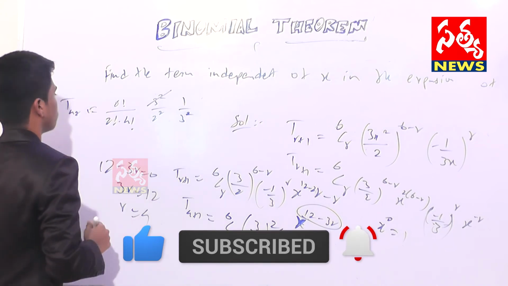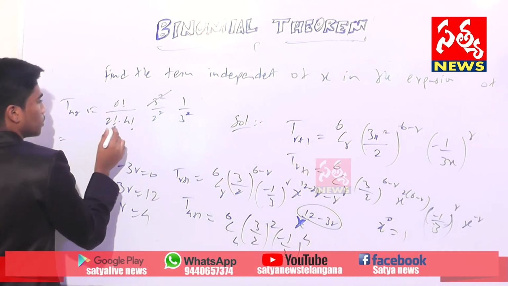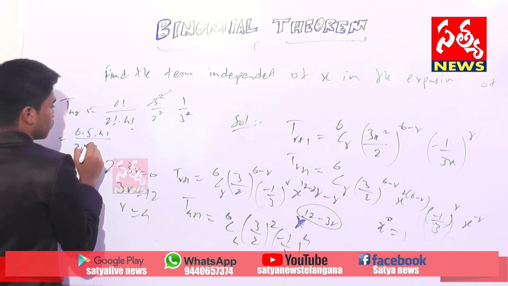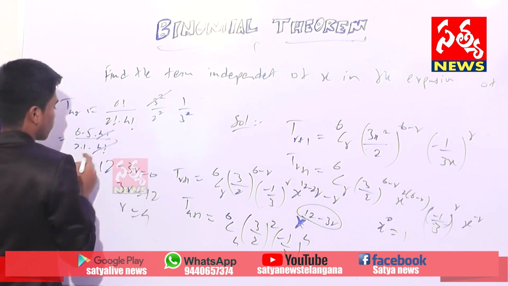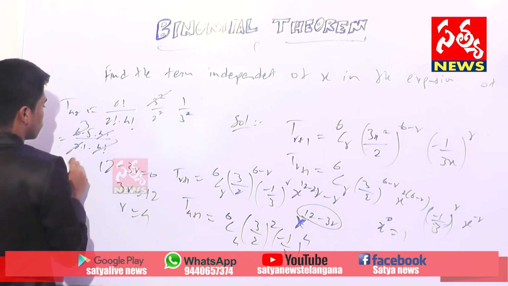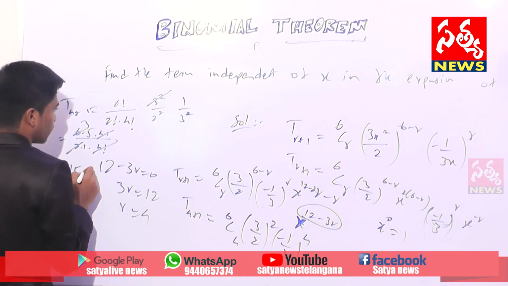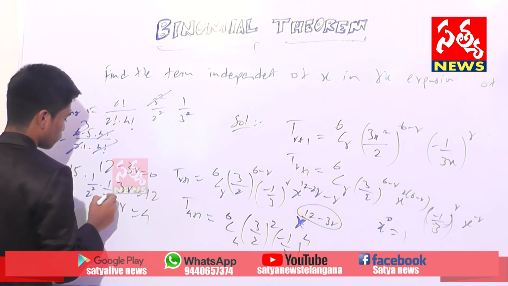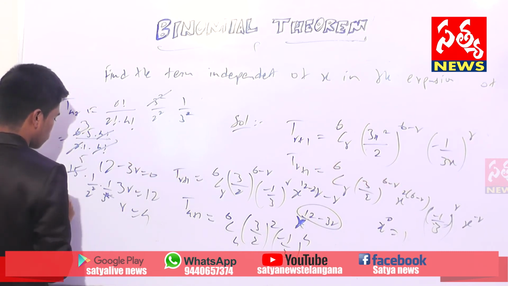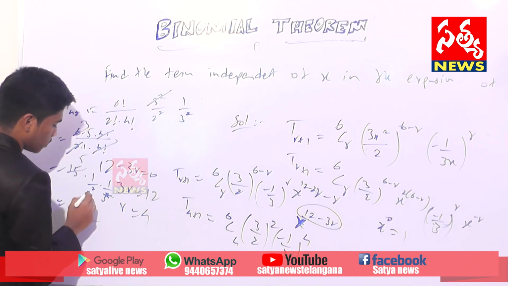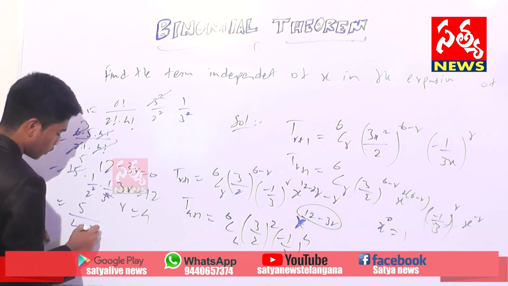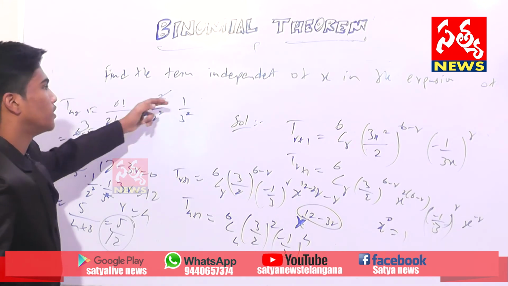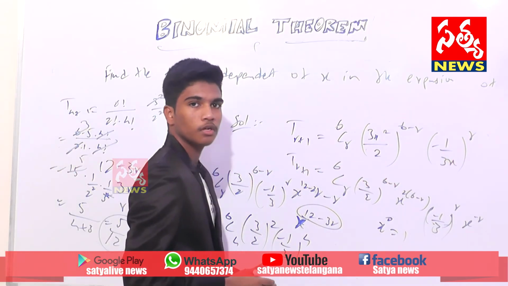T(4 plus 1) equals 6C4, which is 6 factorial by 2 factorial into 4 factorial, into 3 square by 2 square into minus 1 whole power 4 is 1, 1 by 3 power 4. 3 square, 3 power 4 becomes 3 square. Next, 6 factorial, 6 into 5 into 4 factorial by 2 into 1 into 4 factorial; 4 factorial gets cancelled. 3 5s are 15, 15 into 1 by 2 square into 1 by 3 square. 3 1s, 3, 5s, 5 by 2 square is 4, so 5 by 12 is our coefficient, which is independent of x.